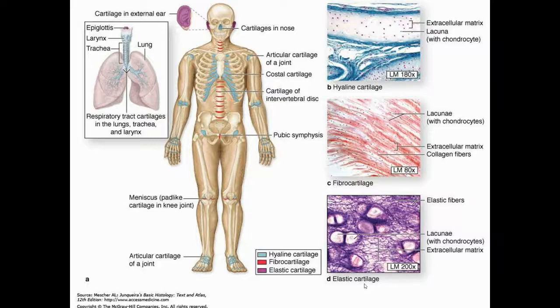There is also cartilage of the intervertebral disc, cartilage in the pubic symphysis, and the meniscus found in the knee joint, and articular cartilage of the joint. So, besides bones, we can find cartilage also. That is the most important part of the joints of our body.